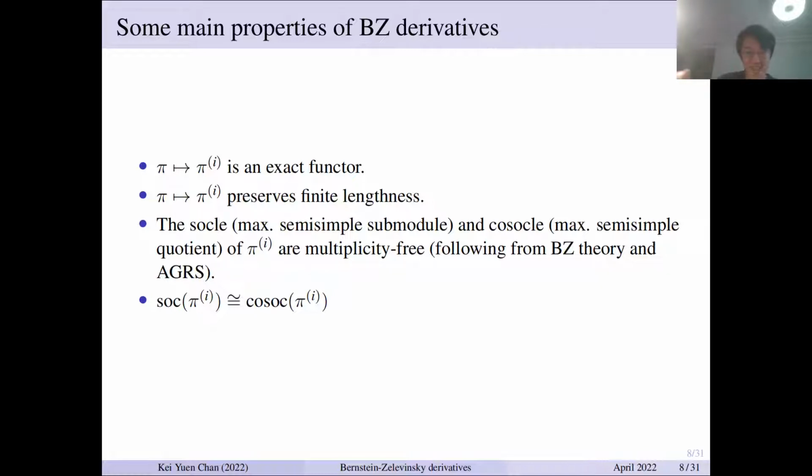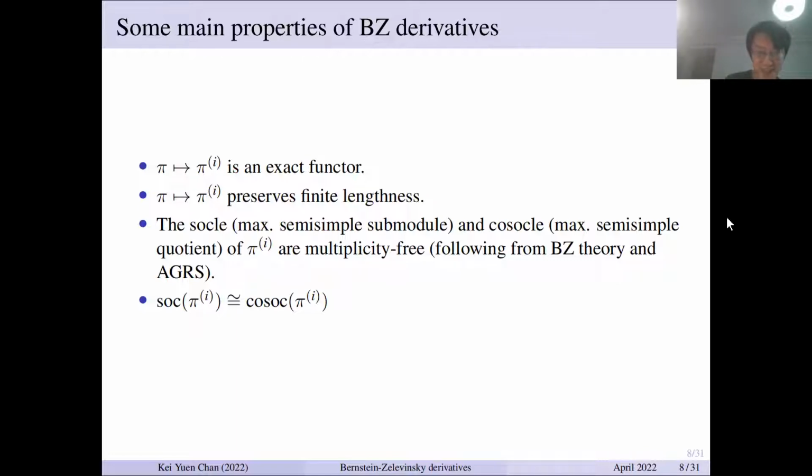Because it is finite length, you can talk about the socle and co-socle. For π irreducible, the socle and co-socle are multiplicity free, and this is basically a consequence of the multiplicity one theorem with some Bernstein-Zelevinsky theory. Also the socle and co-socle are isomorphic, so you just study one of them, and then you get the other from it.